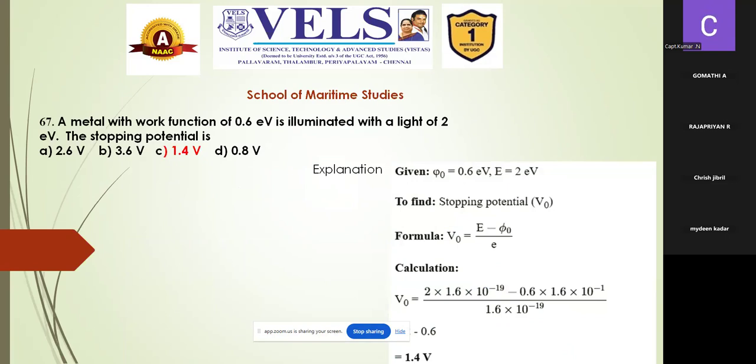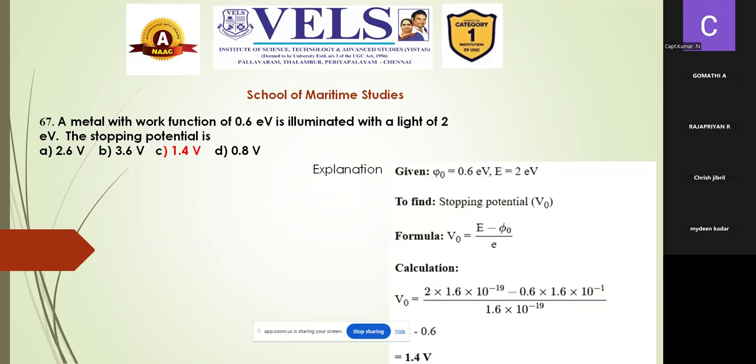A metal with work function of 0.6 electron volt is illuminated with light of 2 electron volt. What is the stopping potential? The stopping potential we can represent as V naught. The formula of stopping potential V naught is equal to E minus phi naught divided by e.